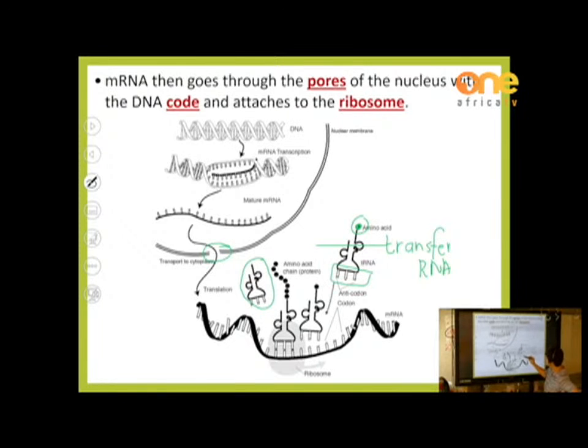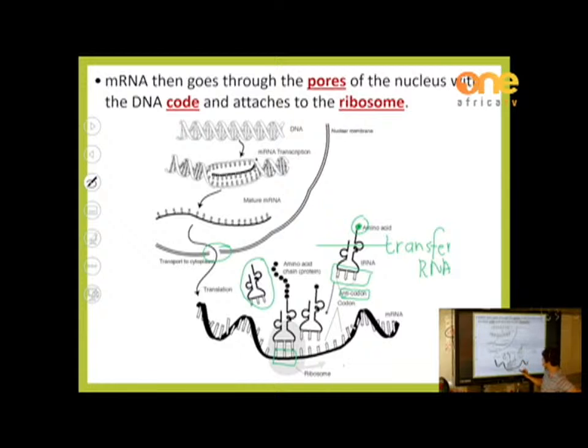These 3 bases are called the anticodon. This anticodon inside the ribosome will fit a specific sequence of 3 bases on a mRNA, and that we call a codon.